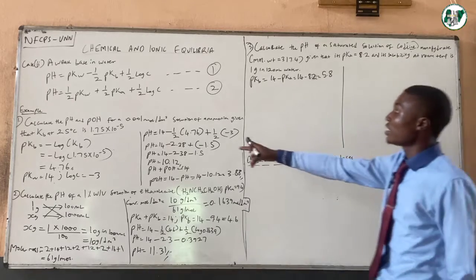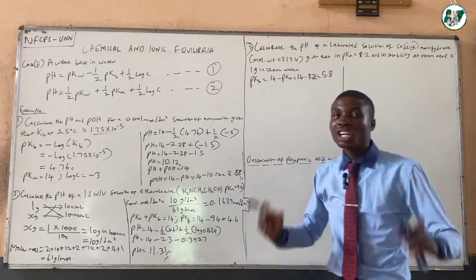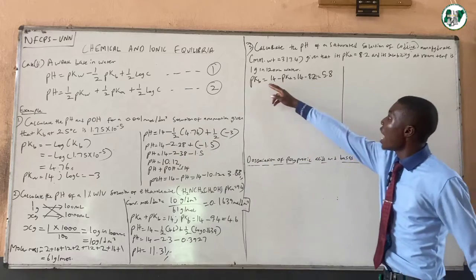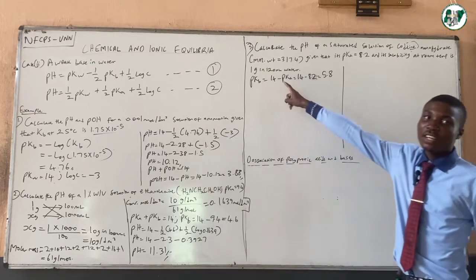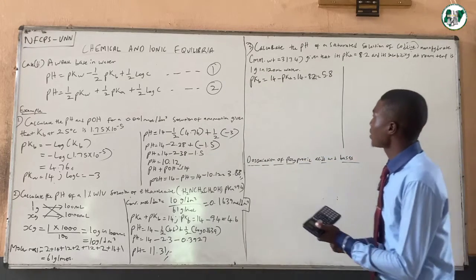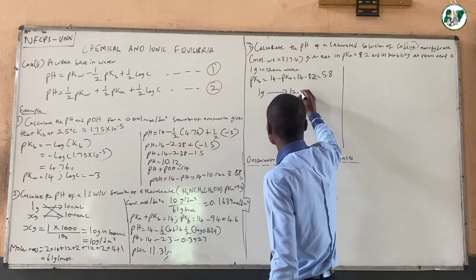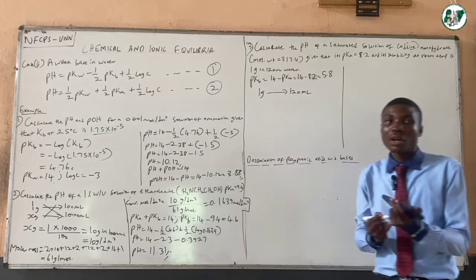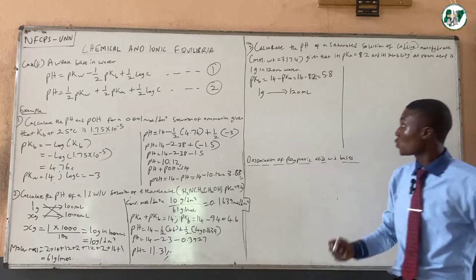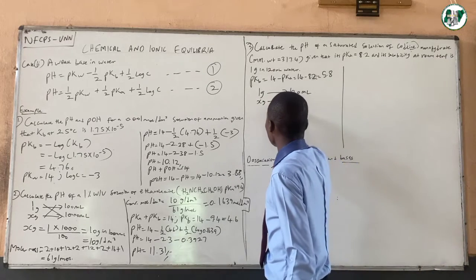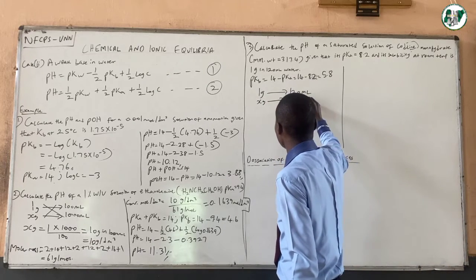The next thing we need is the C, which is our concentration in mole per dm cube. But what we have here is gram in ml. And it says it is 1 gram present in 120 ml. Can we do our conversion? Yes, we can. X gram will now be present in 1000 ml.